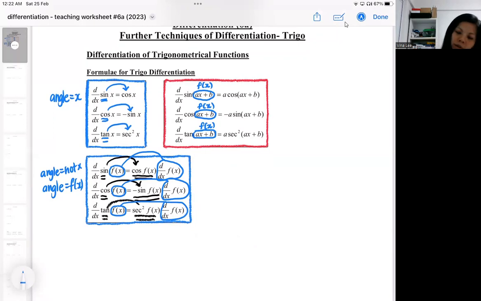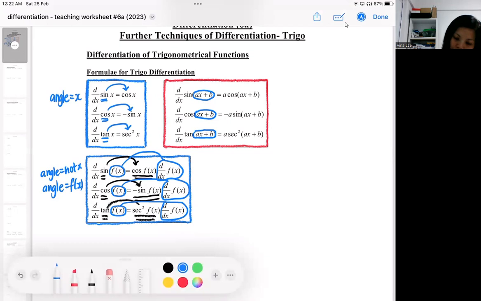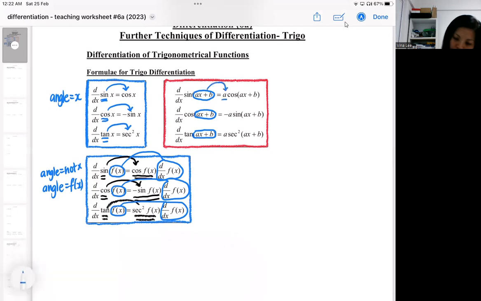Of course, when the angle is f(x) = ax + b, differentiating it is very easy. If you differentiate ax + b, you will just get a.